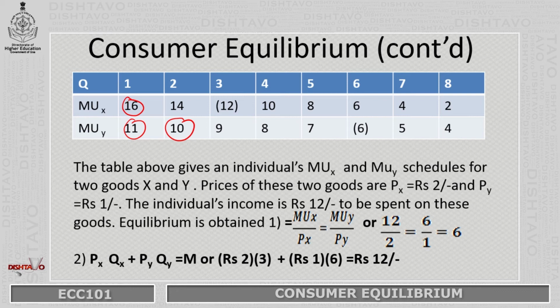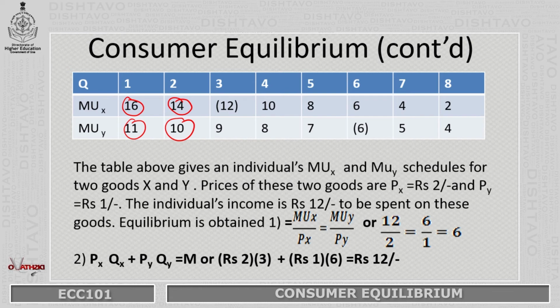Look, the utility is increasing. Again the consumer looks at the third option and spends another 2 rupees on commodity X, getting 14. So 14 plus 16 is 30 utility, and here 21 utility.